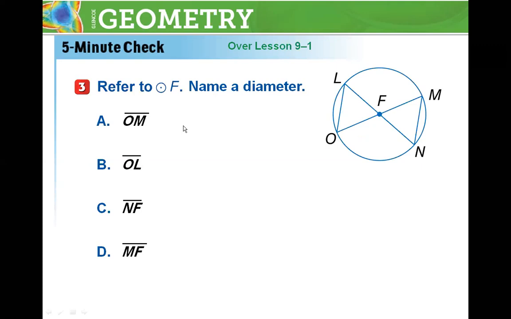OM, the letter A. Yes, so the diameter is OM. OM represents a diameter, a chord that passes through the center, or a line segment that joins 2 points and passes through the center. So OM is our answer.